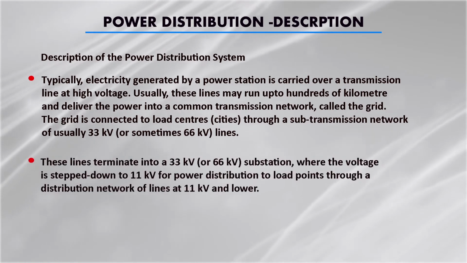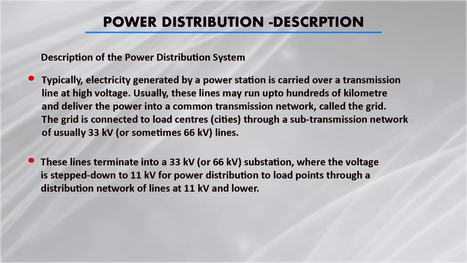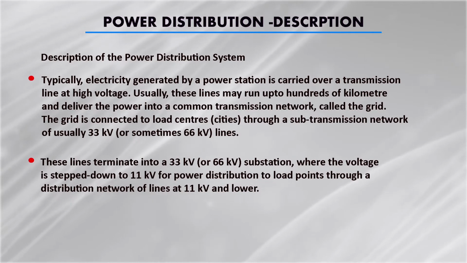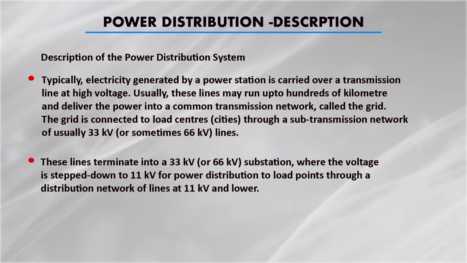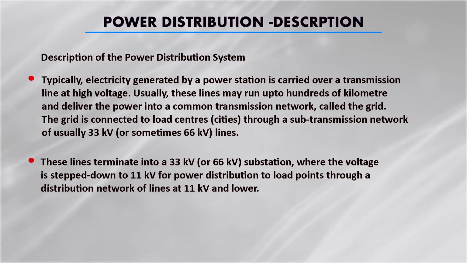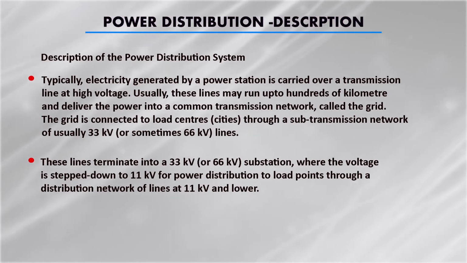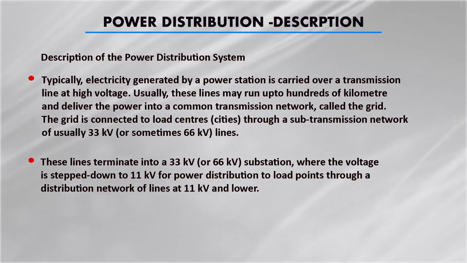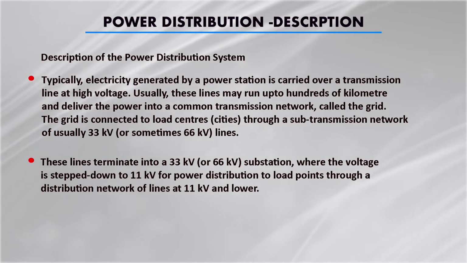These lines terminate into the 33 kV or 66 kV substations, where the voltage is stepped down to 11 kV for power distribution to the load points through a distribution network of lines at 11 kilovolt or lower. So this is from transmission to distribution, how the voltage is reduced using substations and transformers.